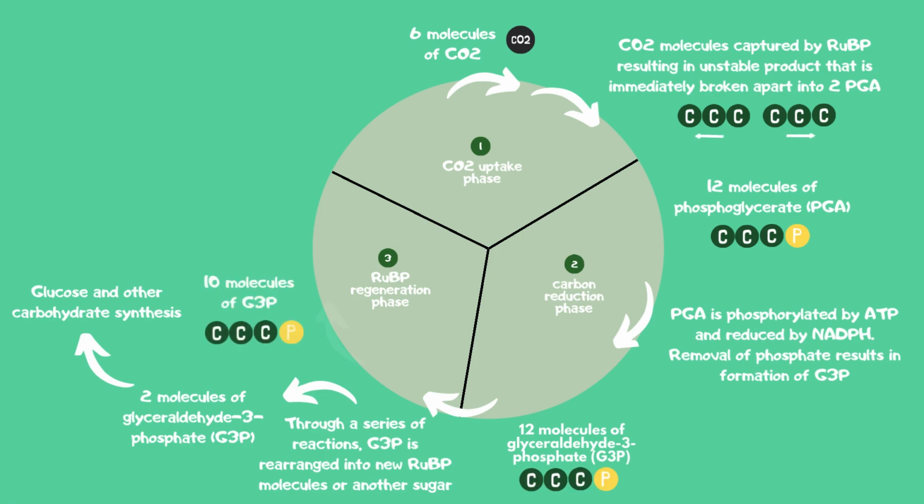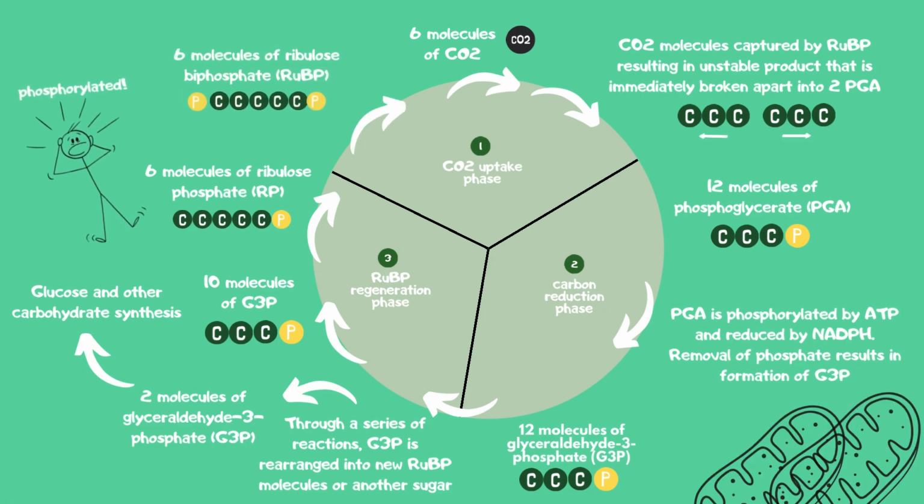The remaining 10 molecules of G3P move to the next stage, which is the RuBP regeneration phase. During this phase, the 10 G3P molecules are rearranged through a series of reactions in order to regenerate 6 molecules of ribulose phosphate, which are then phosphorylated to form 6 molecules of RuBP. With the regeneration of RuBP, the Calvin cycle is ready to start again, capturing more carbon dioxide and continuing the process of carbohydrate synthesis.